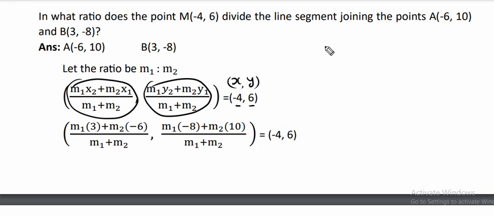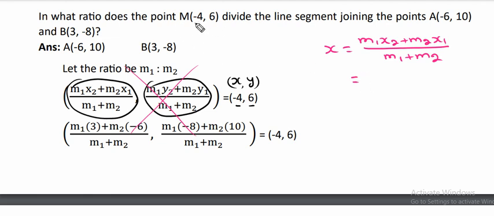If I take only x, you put this as x is equal to m1 x2 plus m2 x1 divided by m1 plus m2. You don't take these two, you take only one. So that means here you get the values.